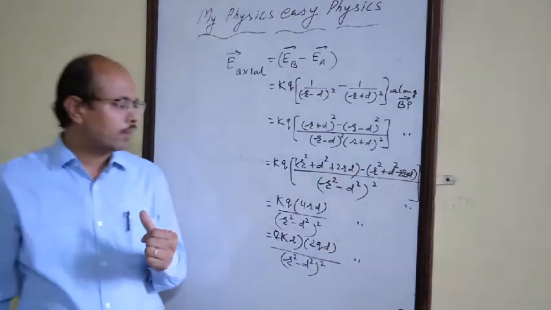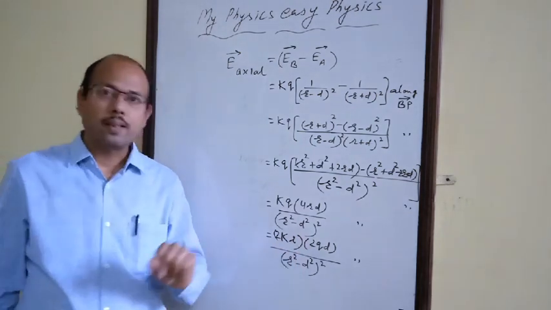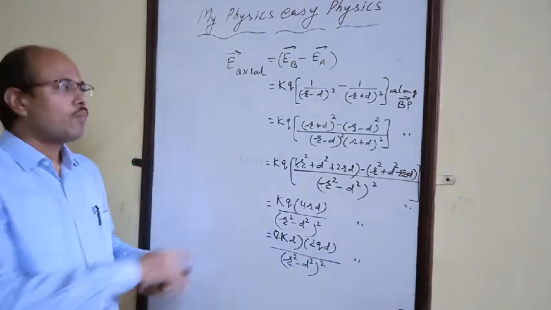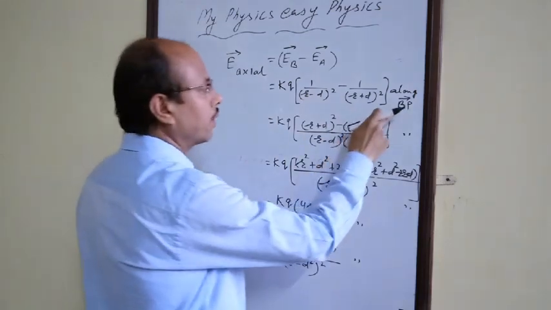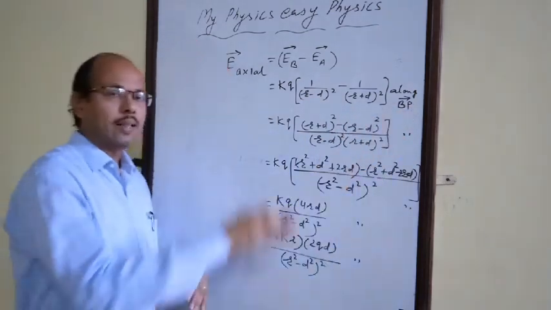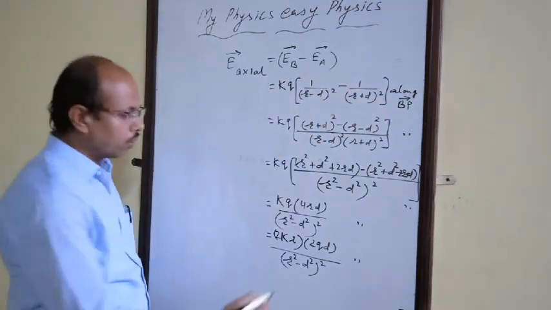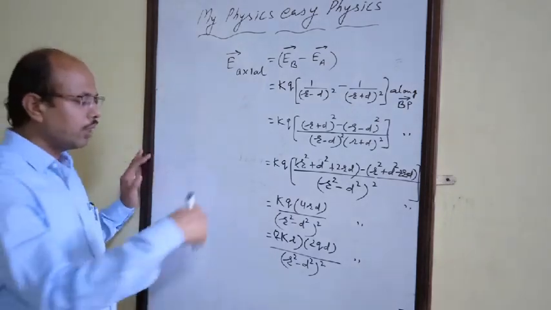Now from the previous diagram of the electric dipole on the axial line, it is clear that the direction of the electric dipole moment is just similar to the direction of the electric field. The direction of the electric field is along BP, and the direction of the electric dipole moment is also in this direction. Therefore, this 2QD can be written as P in vector form.